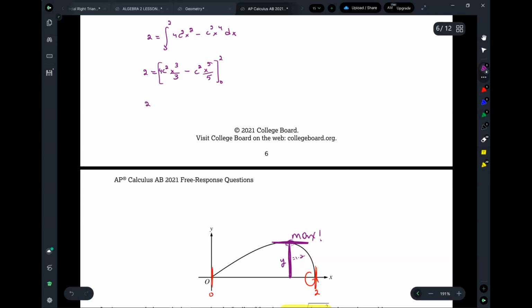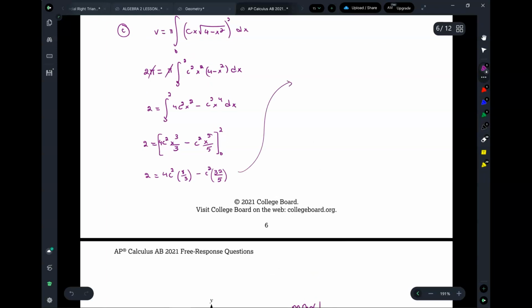Let's plug it in. 4c squared times 8 over 3, minus c squared times 32 over 5. So here's what I would do: 2 is c squared times what is this? 32 over 3 minus 32 over 5.